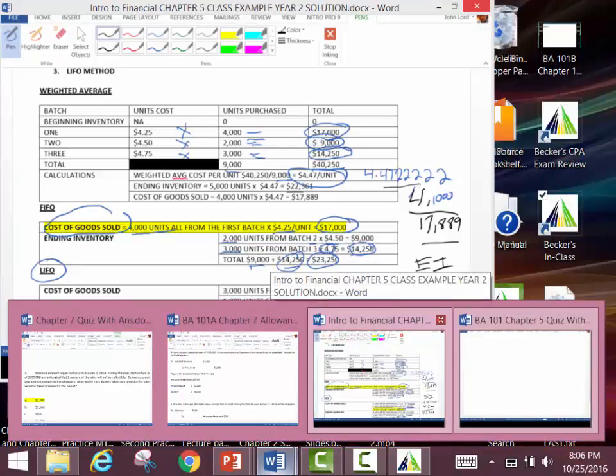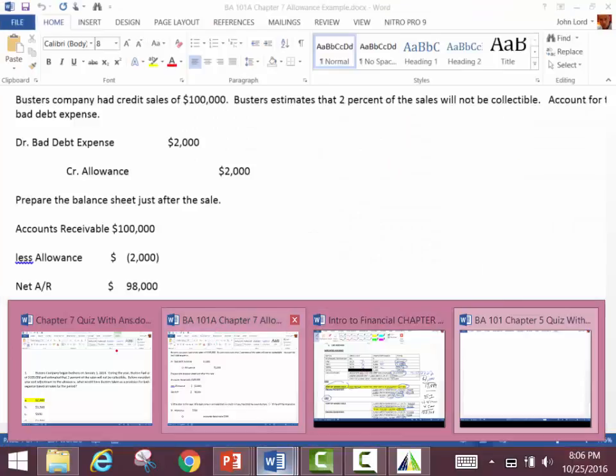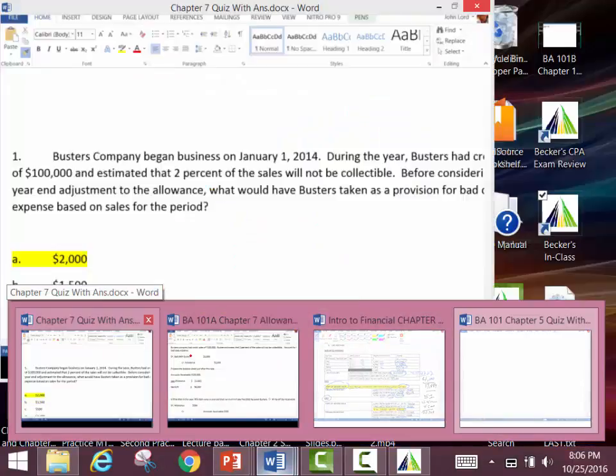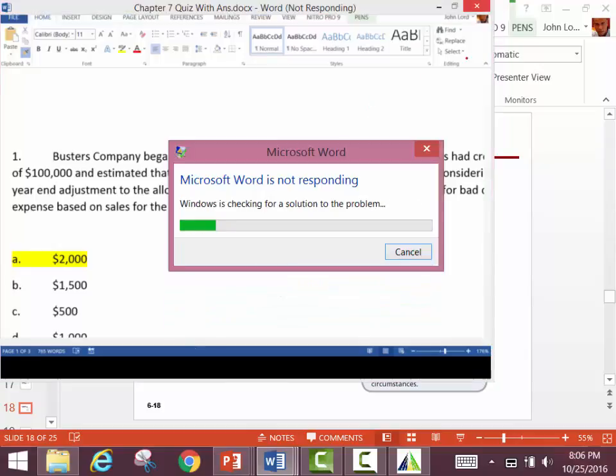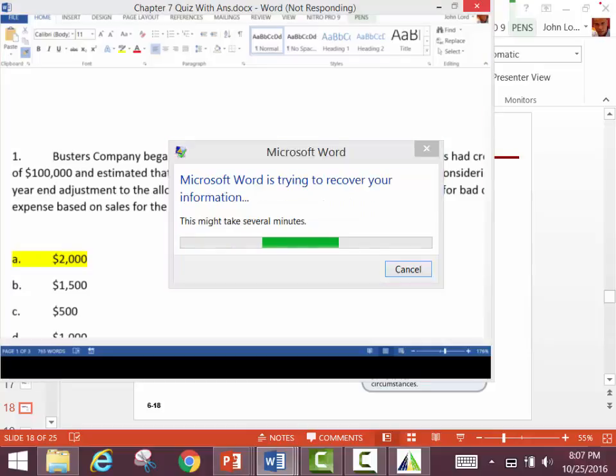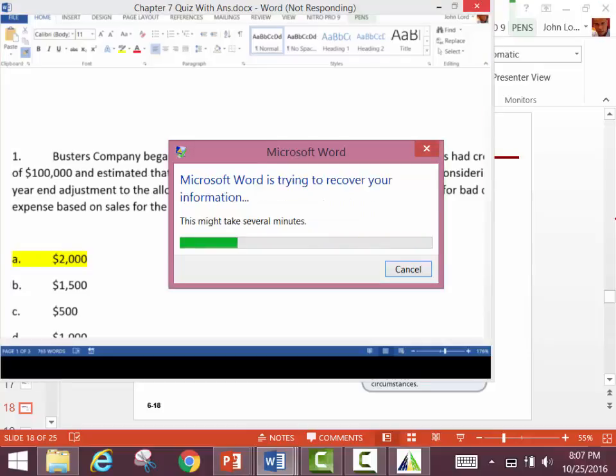I can close that. Okay, we'll close the program then.